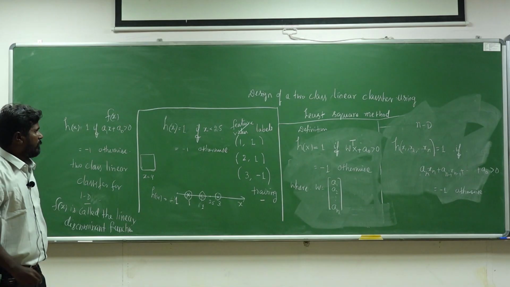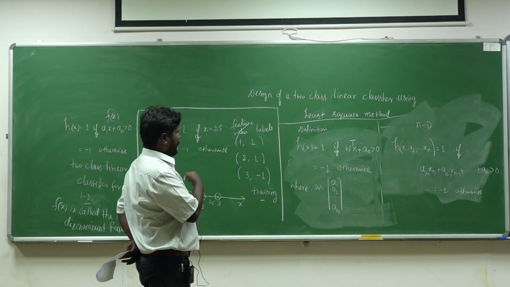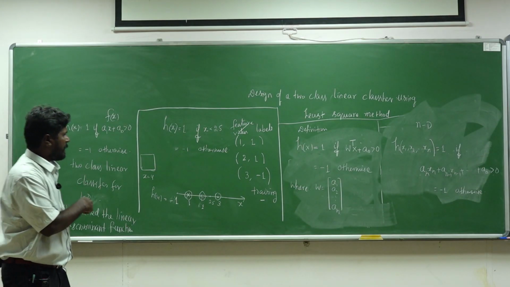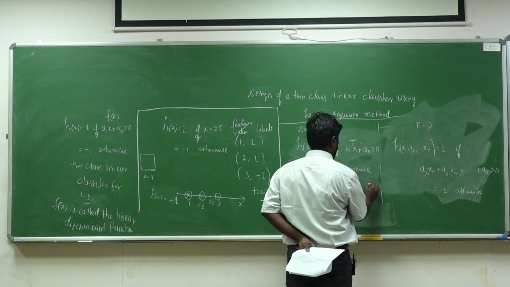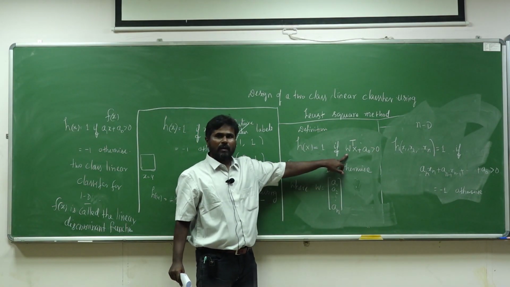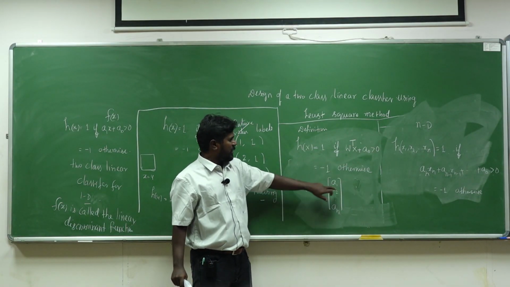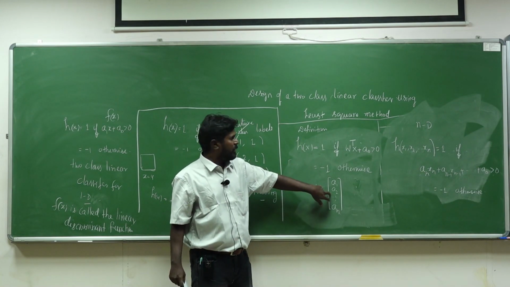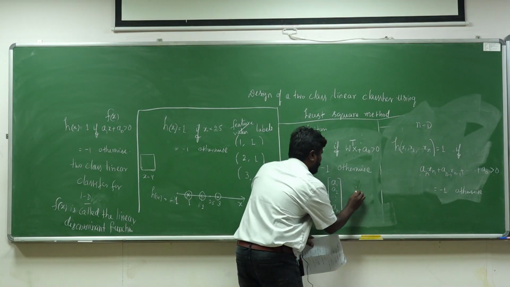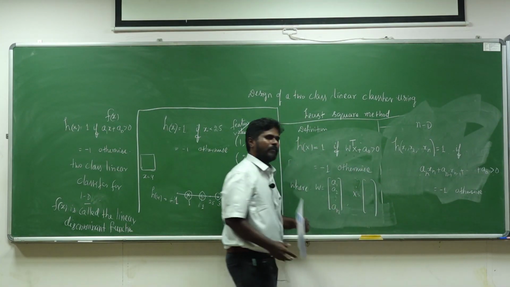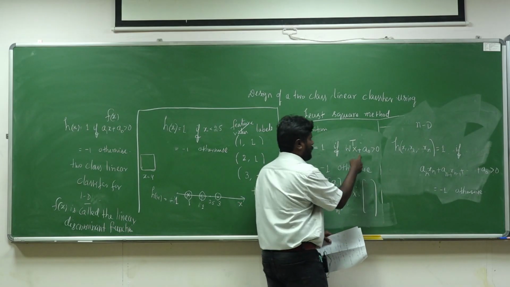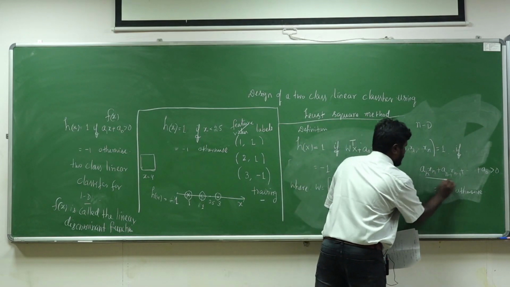W transpose is the transpose of this vector, and x is x1, x2 and so on.